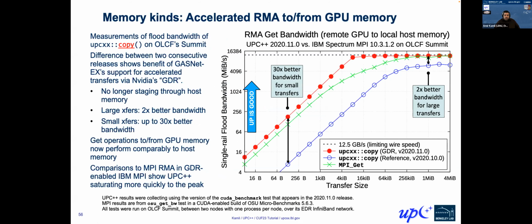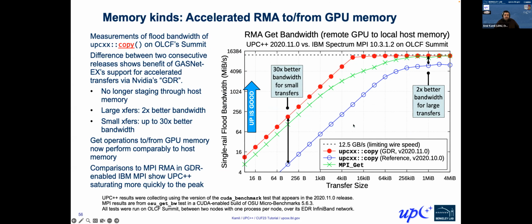And just want to briefly show you why this is important. So here we have performance results on OLCF Summit. The circles are GASNet. The closed circles are with the direct transfer support using things like NVIDIA GDR or AMD ROCm direct transfers, and the blue circles are without it.